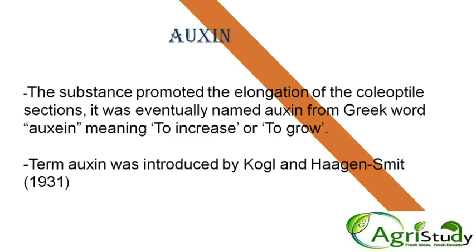There are many steps in how the discovery took place. In this class we just need to know that it was discovered and it is the main reason for the growth and development of the plant. The term auxin was introduced by Kogl and Haagen-Smit in 1931.